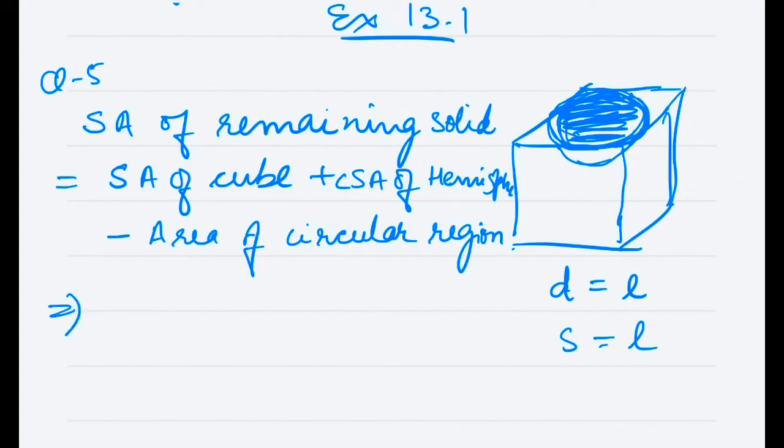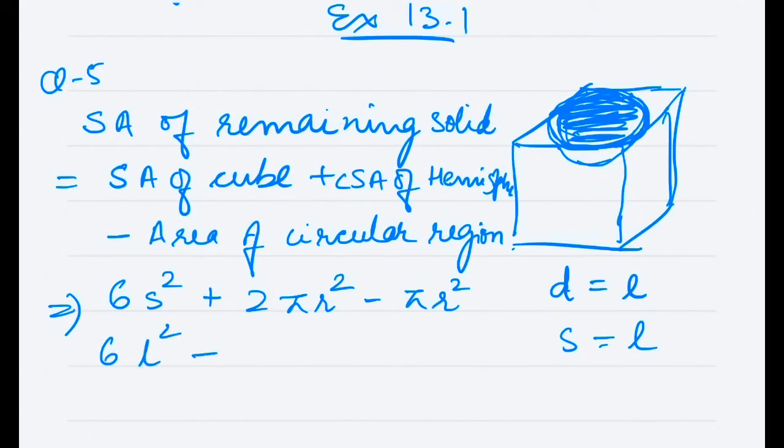Surface area will be equal to 6 side square plus the curved surface area of the hemisphere, which is 2 pi r square, then minus the area of the circular region, which is pi r square. So 6 into side L, so 6 L square plus 2 pi.